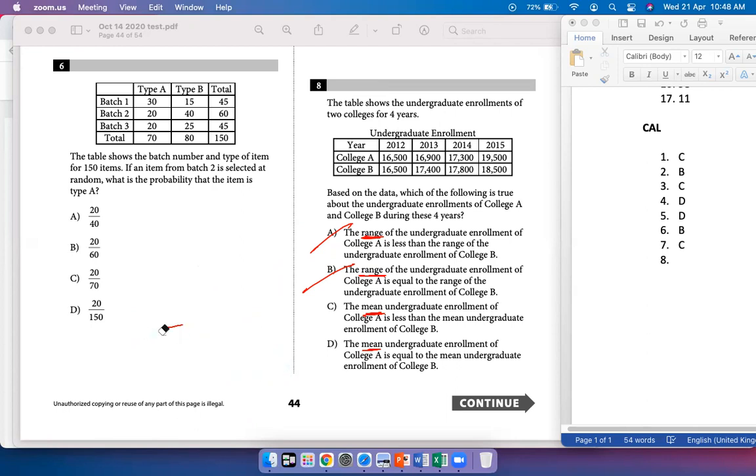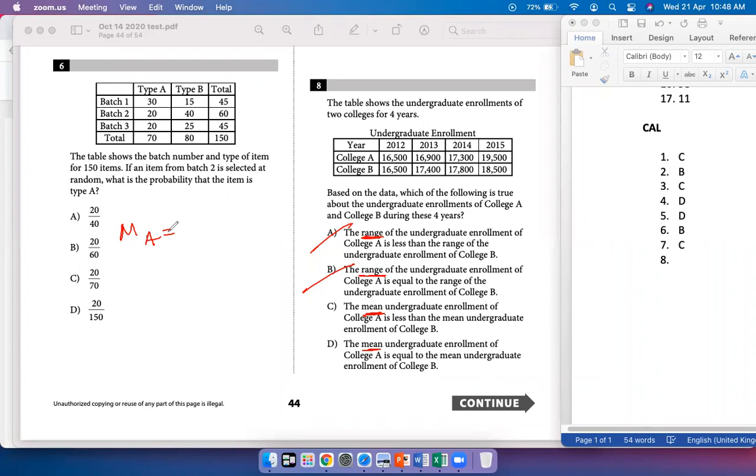Okay. So let's find the mean. So mean for A, I'm just going to plug this in the calculator. I'm just working with the numbers without taking the 2 zeros at the end, because those won't matter.